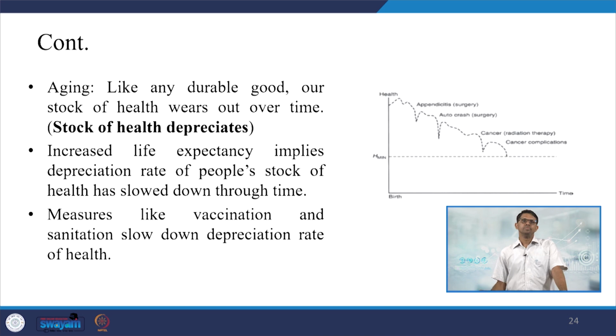Minimum health stock is also reached once we are addressing or reaching a different age level with different catastrophes or different health conditions. So at some critical level, that is the minimum health stock, once it is crossed, the person dies. So this is all about the life cycle of the person related to health.